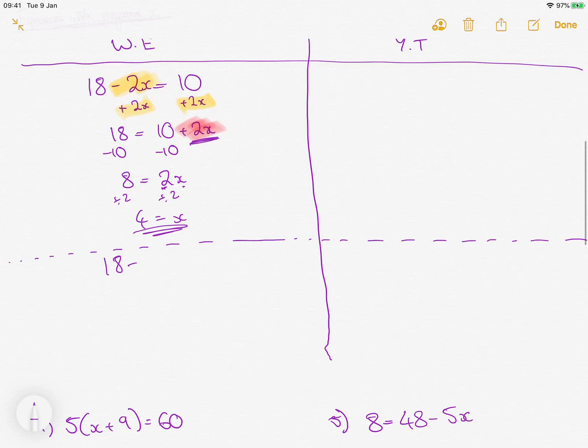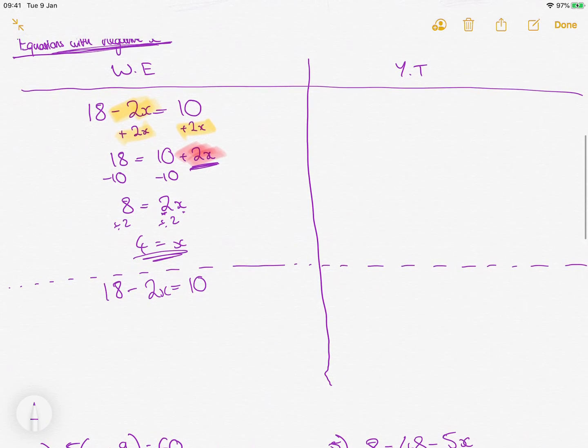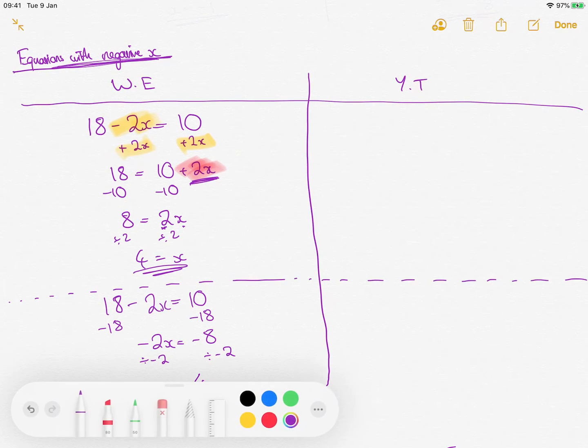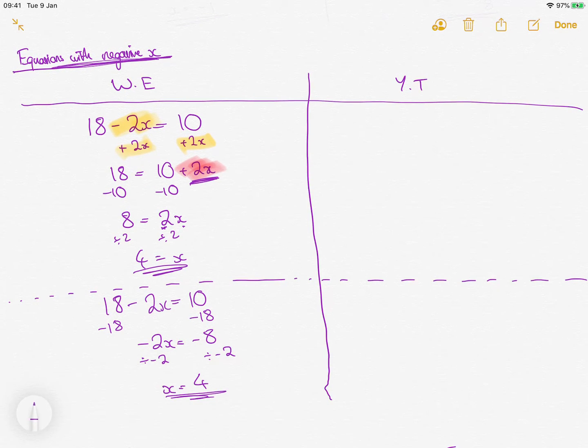So same question. So this requires quite a good knowledge of negative numbers.